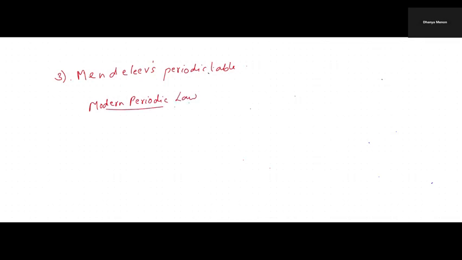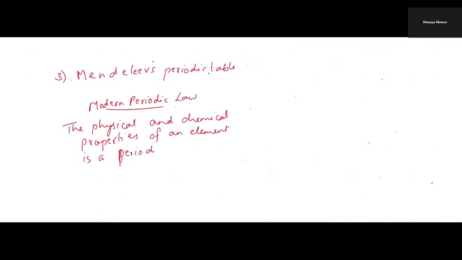Mendeleev also arranged the elements according to the atomic weight, and he gave the modern periodic law, which states that the physical and chemical properties of an element are a periodic function of its atomic weight. So Mendeleev also arranged the elements according to the atomic weight.